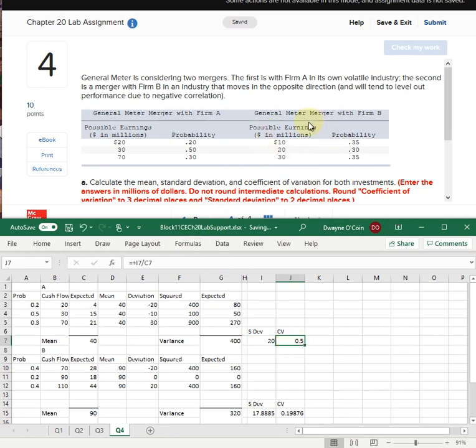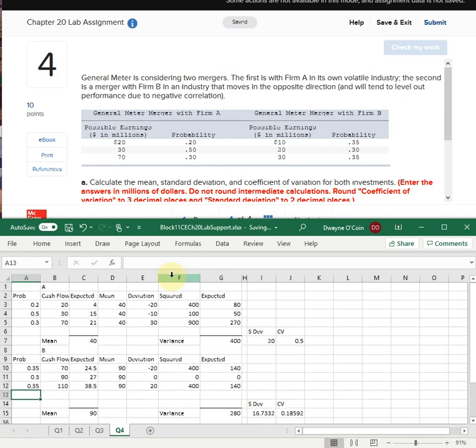Now for B, we're going to expect B to have a lower coefficient of variation, a lower standard deviation per unit of expected return. So again, we're going to put in the probabilities: 0.35, 0.3, and 0.35.